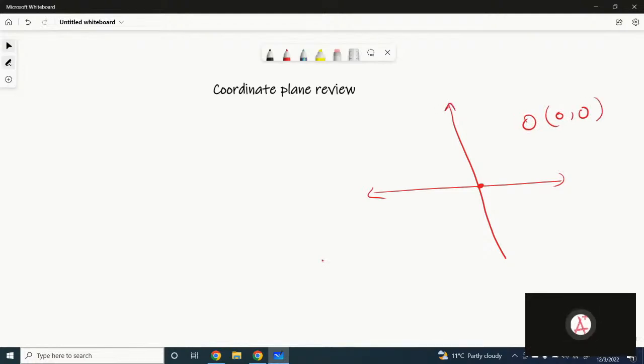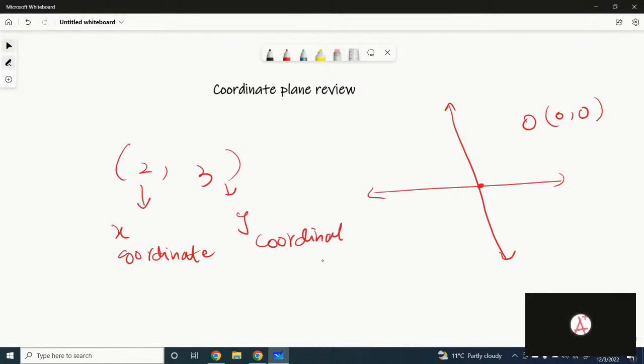So whenever you have a value written in the coordinate form like this, 2 and 3, the first value represents the x coordinate and the second value represents the y coordinate. Got it? Ordered pair means, let's suppose you have a point, it would be a value on the x-axis and a value on the y-axis, like this. Every point has an ordered pair. It has a value on x and y-axis too.